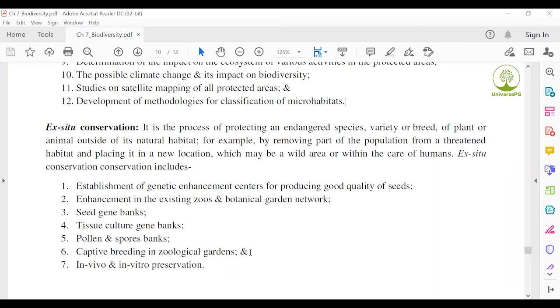In ex situ conservation, when a species becomes extinct or endangered in the natural environment, if that species is found in another area of the country, first we collect the gene. If it is not possible to collect the whole plant, then we can collect genetic material, as a gene bank. First we collect some DNA.